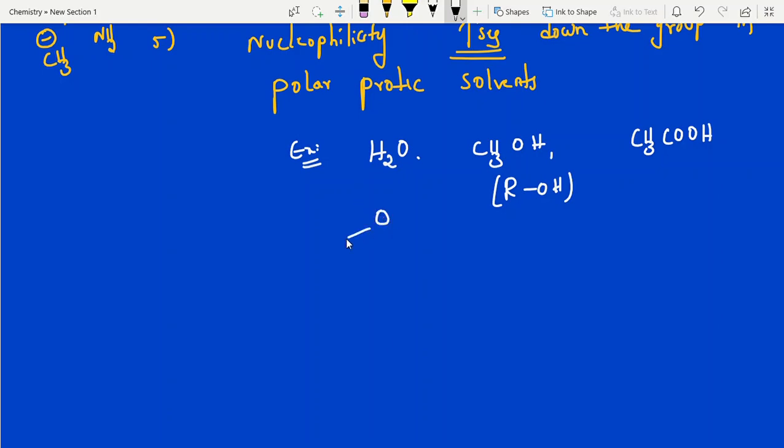Next, acids. These are all polar protic solvents. Polarity: if you look at water, it is bent shape, right? So two different charges. Why? Because an electronegativity difference is there, polarity will develop. This is polar, and that too is giving hydrogen. So polarity is nothing but two opposite charges are there and it gives a proton. That's the reason we call them polar protic solvents.